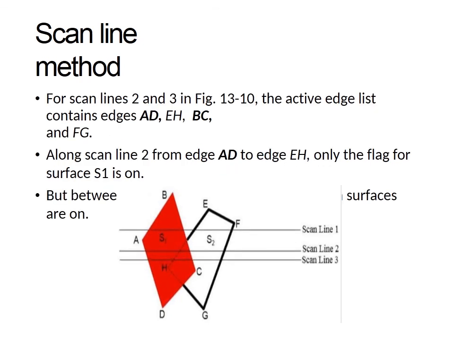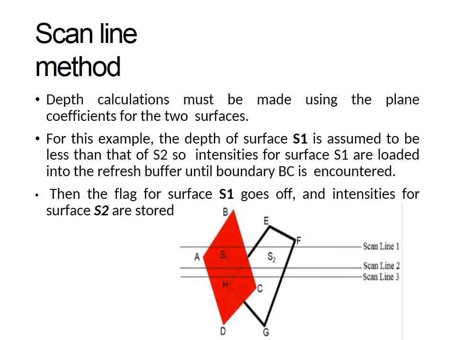For scan lines 2 and 3, as shown in the figure, the active edge list contains edges AD, EH, BC and FG. Along scan line 2 from edge AD to edge EH, only the flag for surface S1 is on.